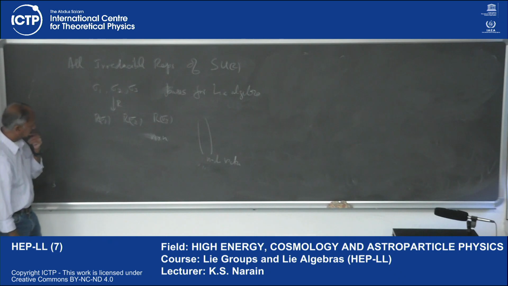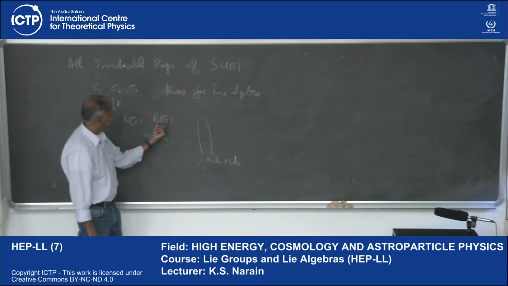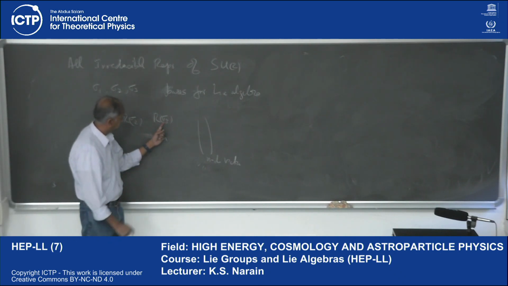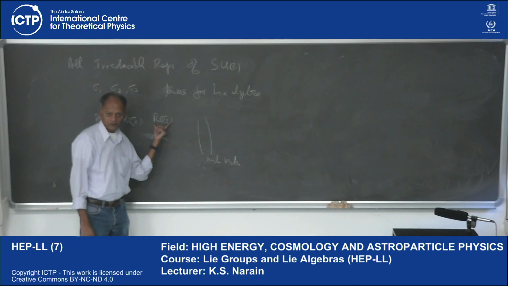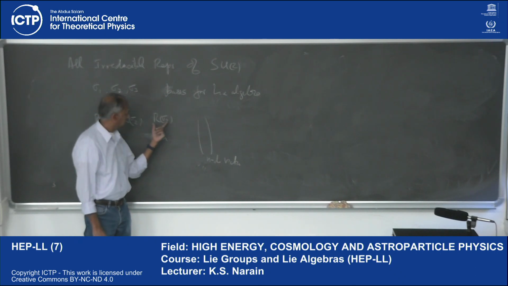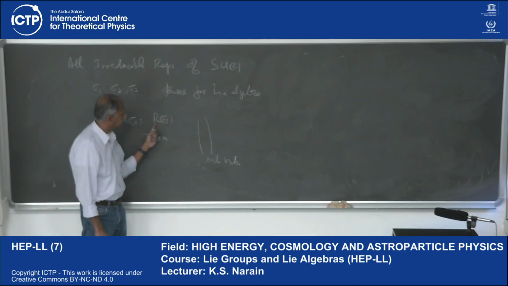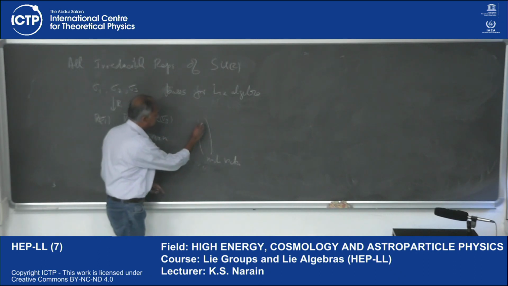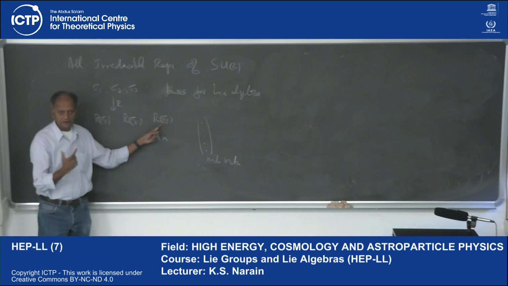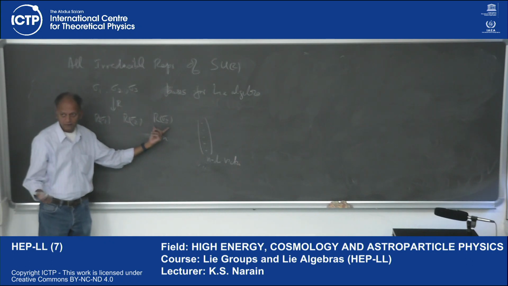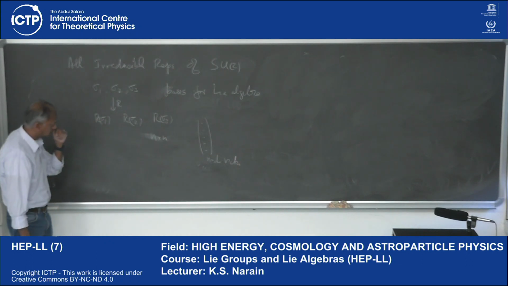One question you can ask is, what are the eigenvalues of this matrix? Because if I know the eigenvalues, then I know what quantum numbers are carried at each of these states. So that's a natural question to ask.